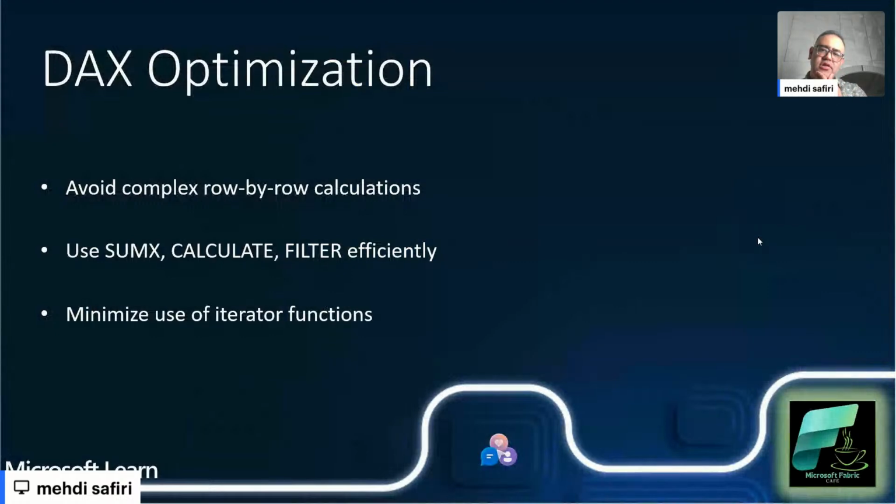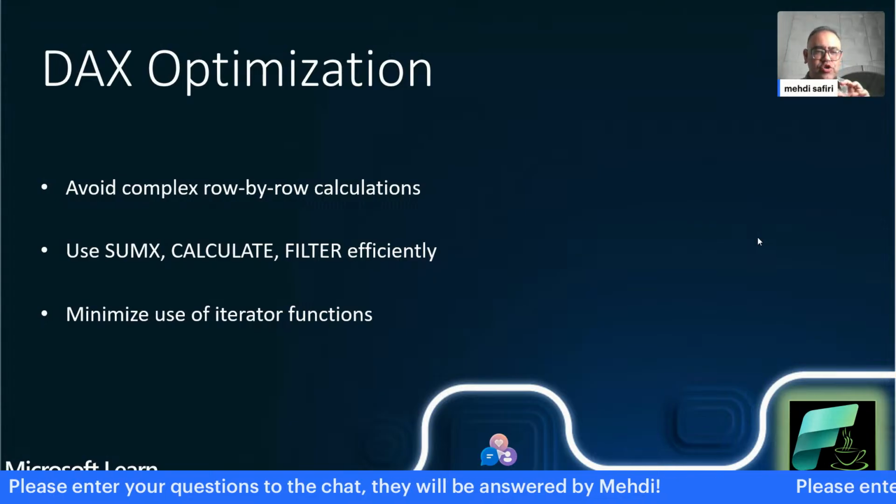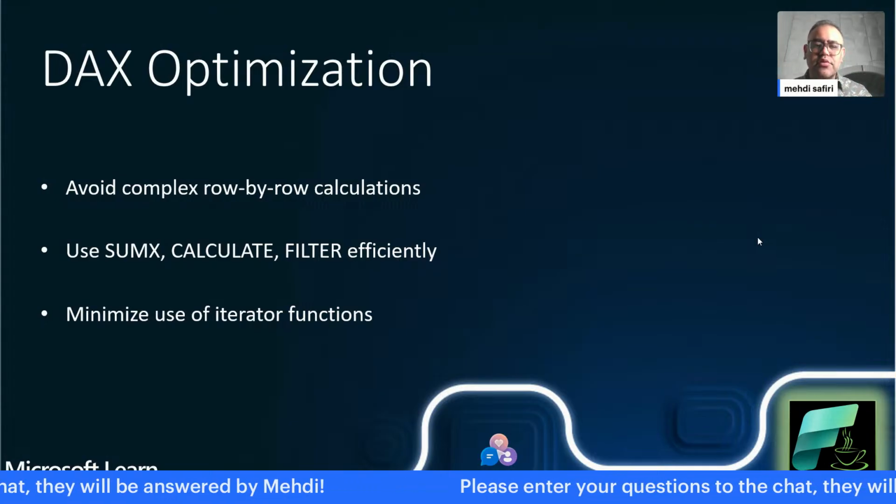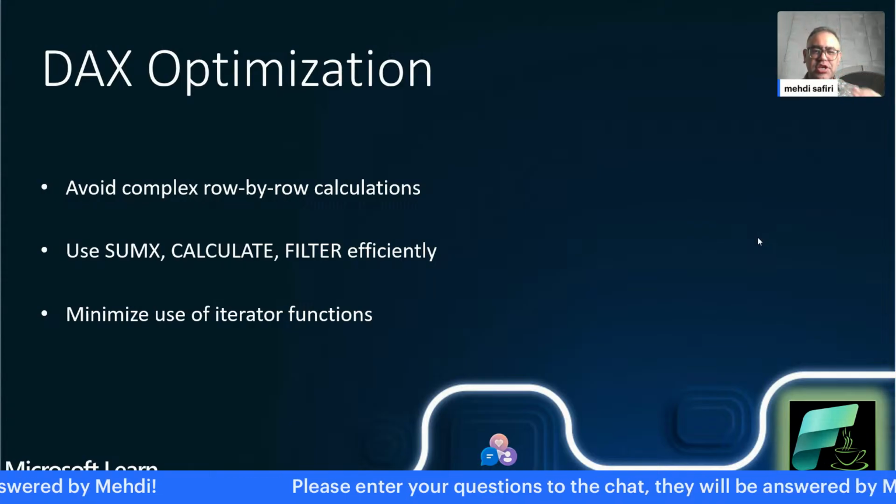The next part is DAX optimization. One of the most crucial bottlenecks of performance in our reports is DAX. It can be powerful, but it's a common source of performance issues. You should avoid unnecessary row by row calculations, iterations.